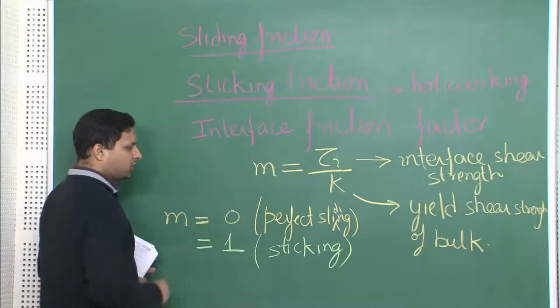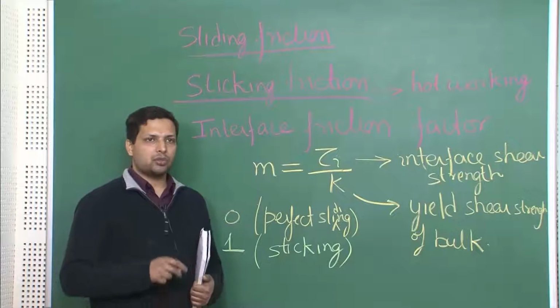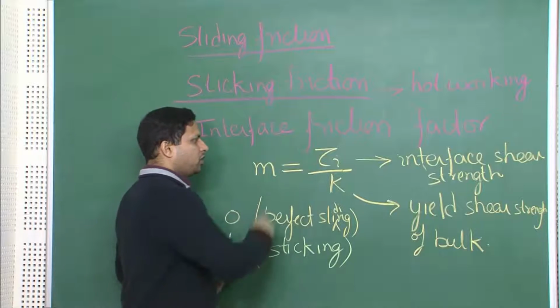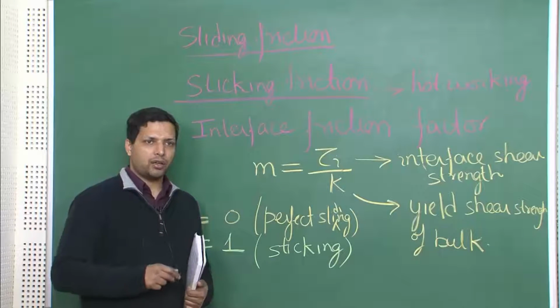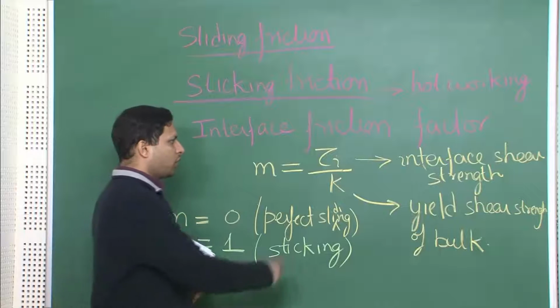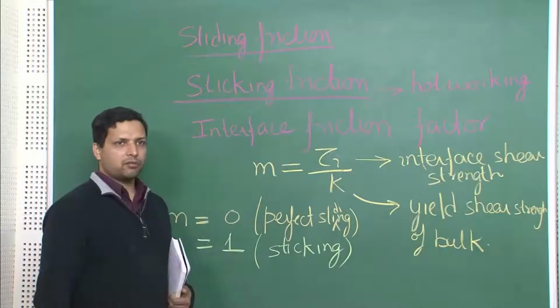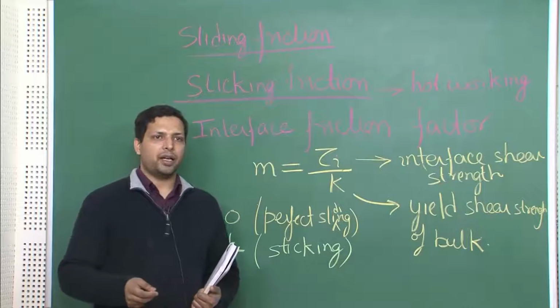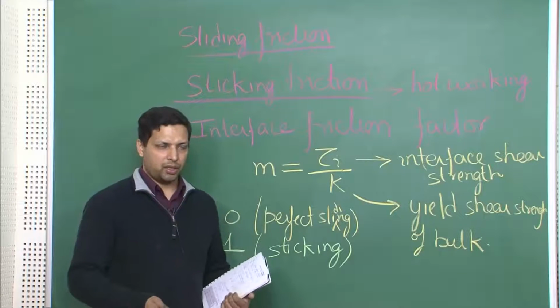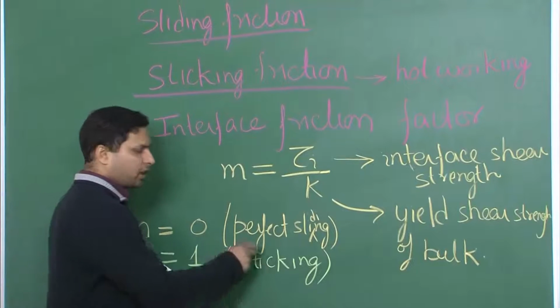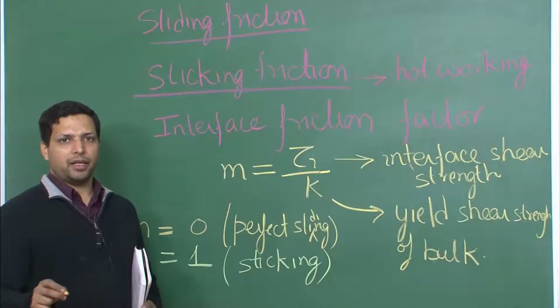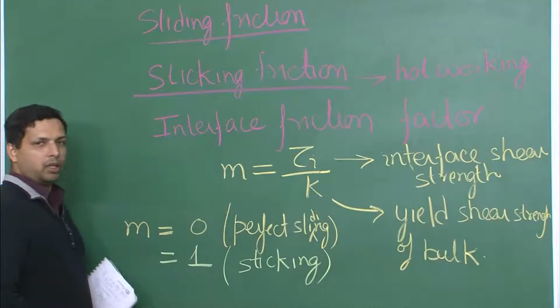The other extreme is 1, when it starts to stick. If the stress at the interface increases to the point that it reaches the yield shear strength, then it cannot slide anymore, it will start to deform the material, and in that condition it will stick, there will be no more sliding. So, that is the range for m.